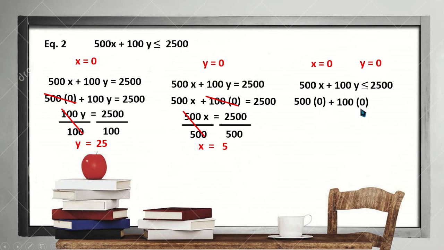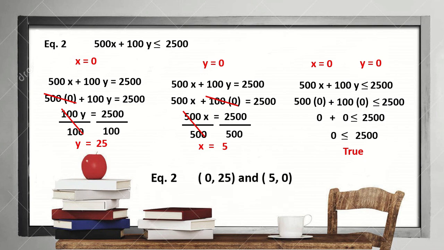So, 100 times 0 is less than or equal to 2,500. So, cancel na. So, it will become 0 plus 0 is less than or equal to 2,500. So, we have 0 is less than or equal to 2,500. True or false? That is true. So, ibig sabihin, for equation 2, we have 0 and 25, and 5 and 0.